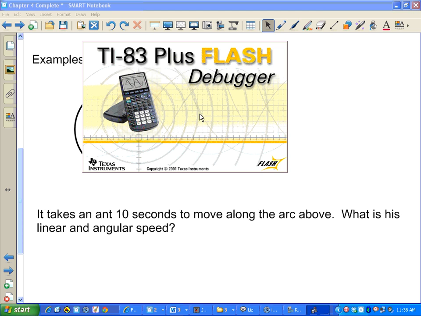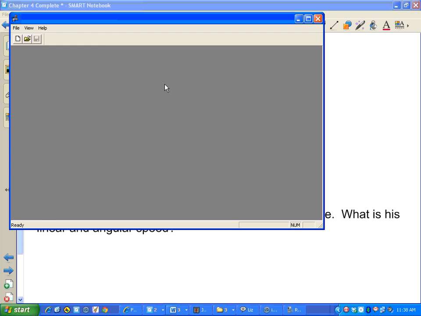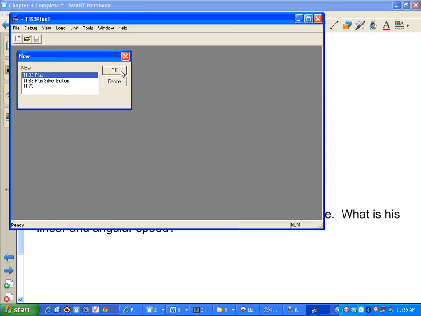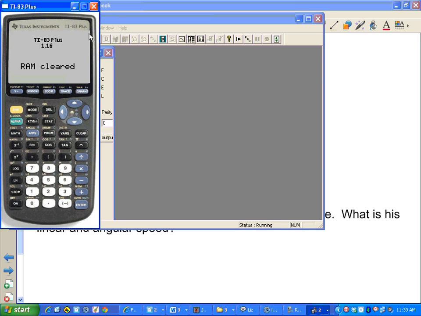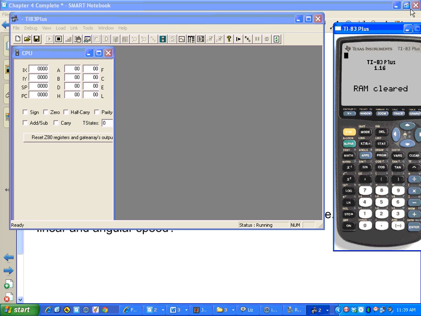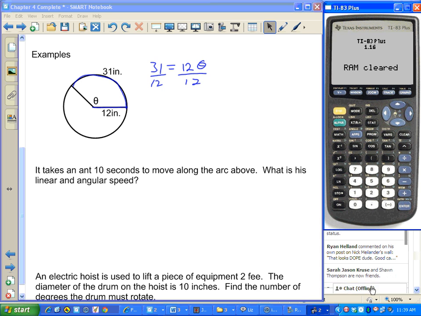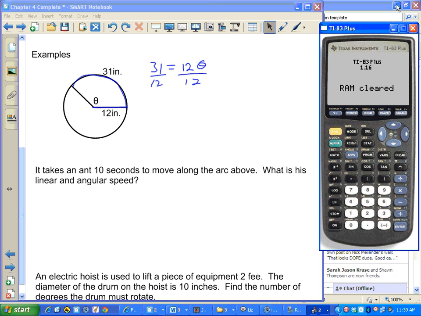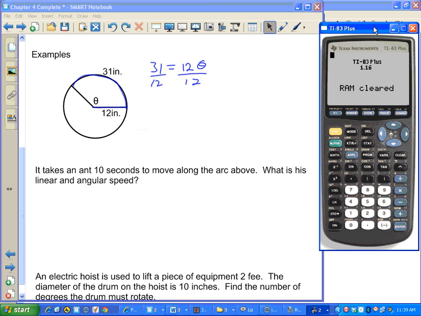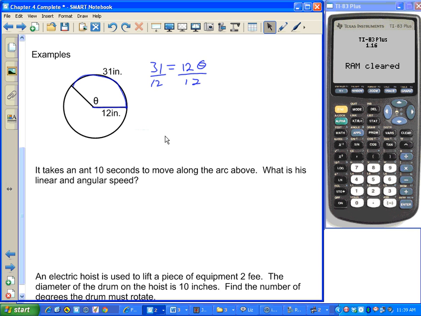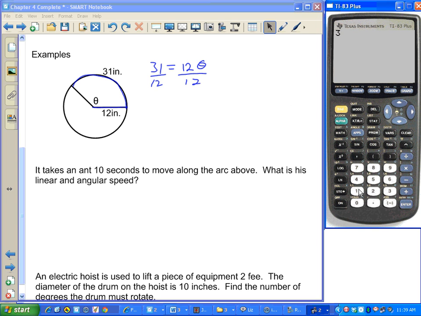Let's bring in my calculator here. So I'm going to take 31 divided by 12, which I don't think reduces at all.